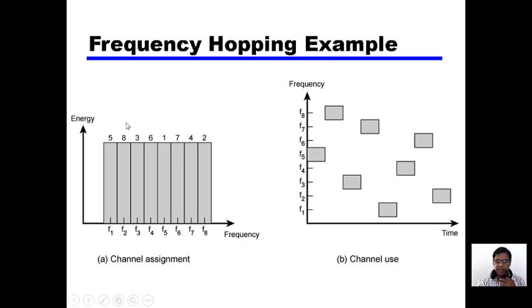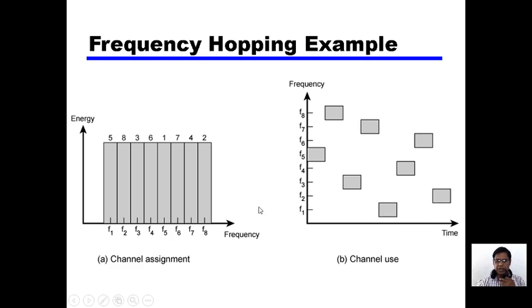F1 has 5 bits. Here you can see the initial positions: 1, 2, 3, 4, 5, 6, 7, 8. The starting point is 1, the next one is 2, then 3, 4, 5, 6, 7, 8.